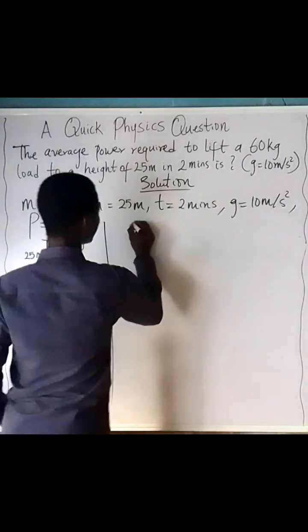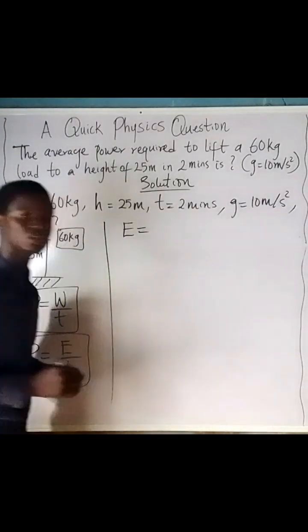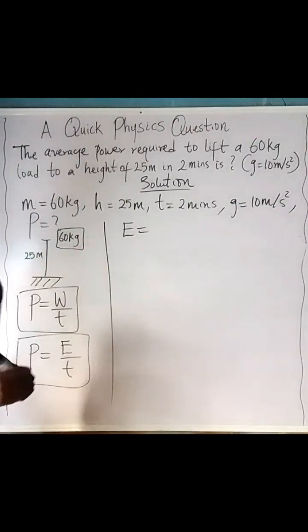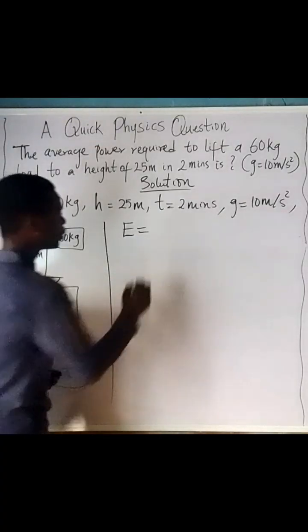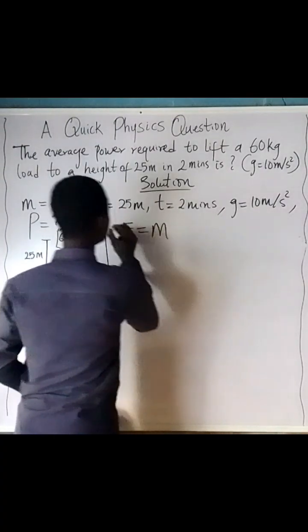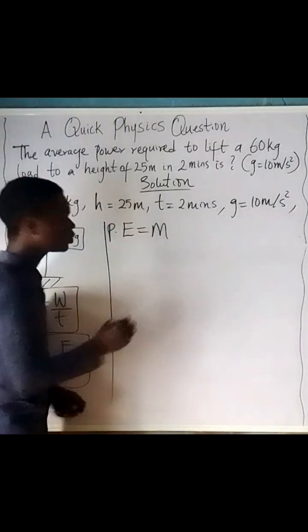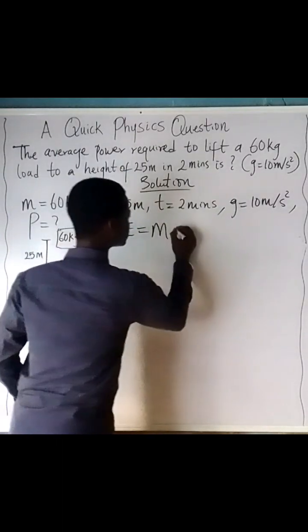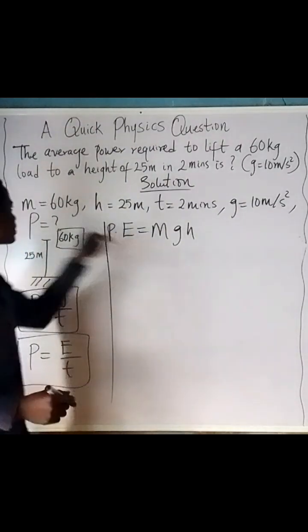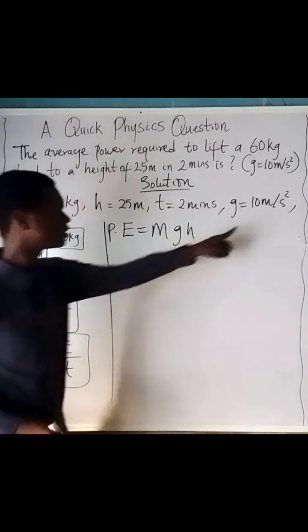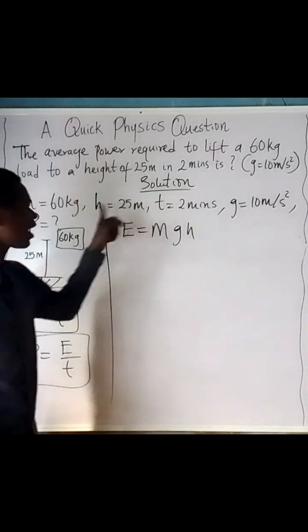So what form of energy does the body have at this very height? Potential energy. And we know the formula for potential energy, PE, is equal to mass times gravity times height. Do we have mass? Yes. Do we have gravity? Yes. Do we have height? Yes.